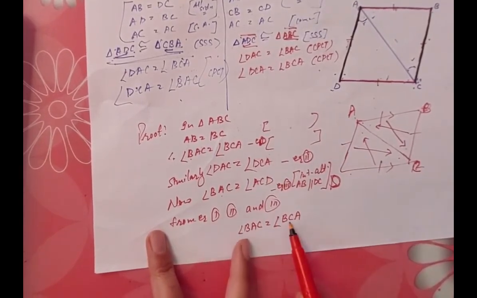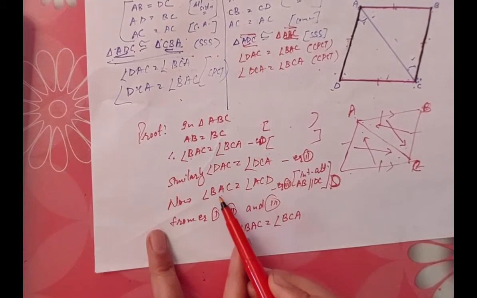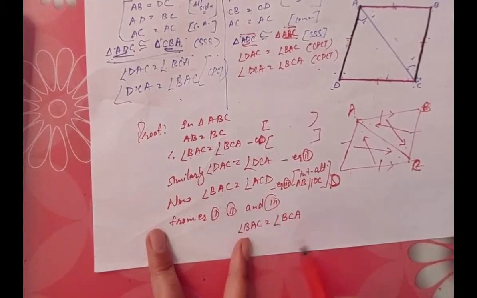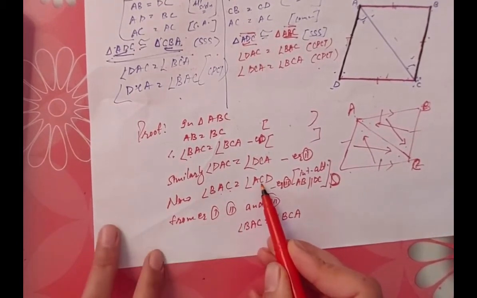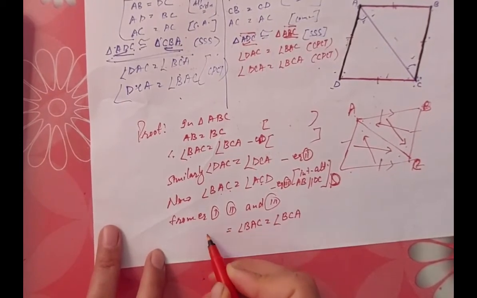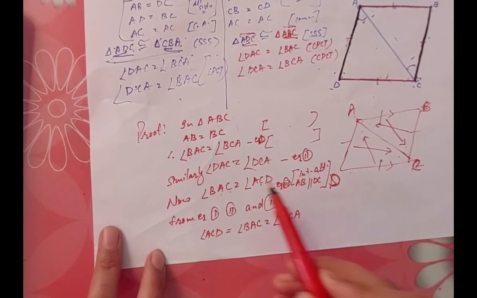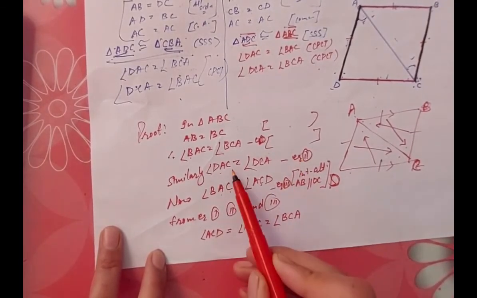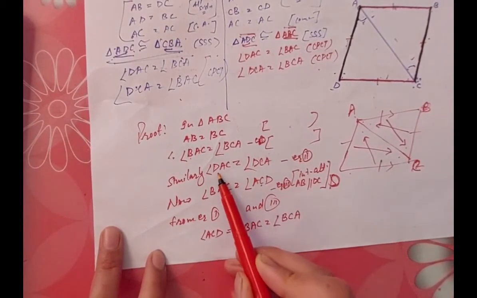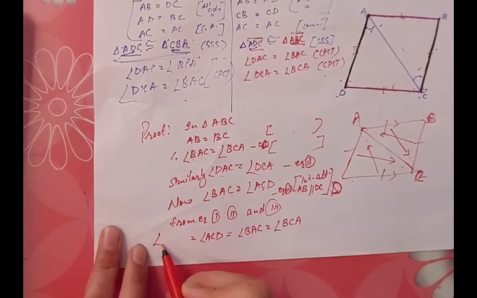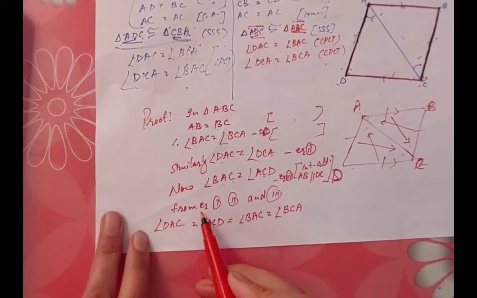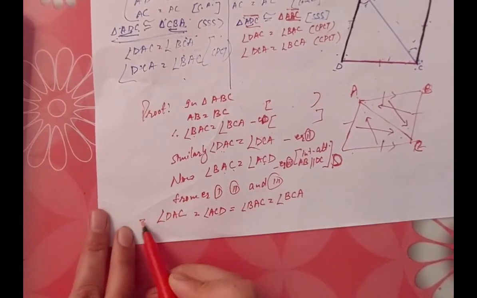Because BAC and BCA are not in equation 2. So here BAC is in equation 3. So BAC is actually equal to ACD. So we actually used first and third. Now as per the second equation, DCA is equal to DAC. So this is what I mean by equations 1, 2 and 3 imply this.